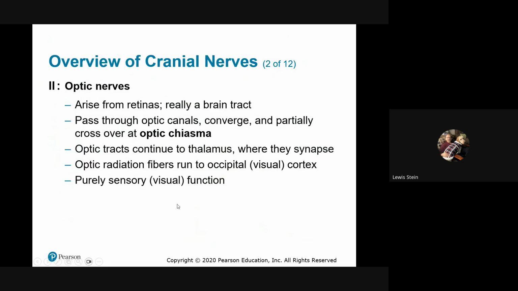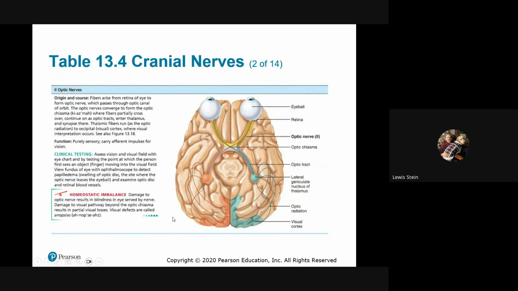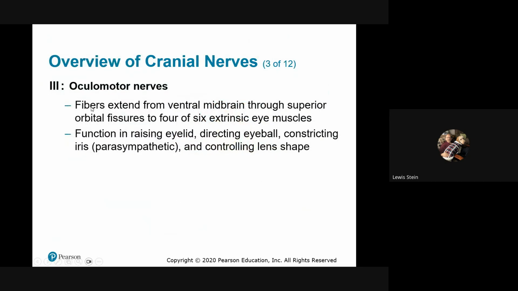They cross over in the optic chiasm, a very important area. And then eventually they make their way to the occipital lobe, purely sensory. And we'll go over this. And so blindness, pathways, a variety of different effects. Clinical testing, you can do this with ophthalmoscopes, following finger motion, how many fingers, all that type of stuff that you can get into.